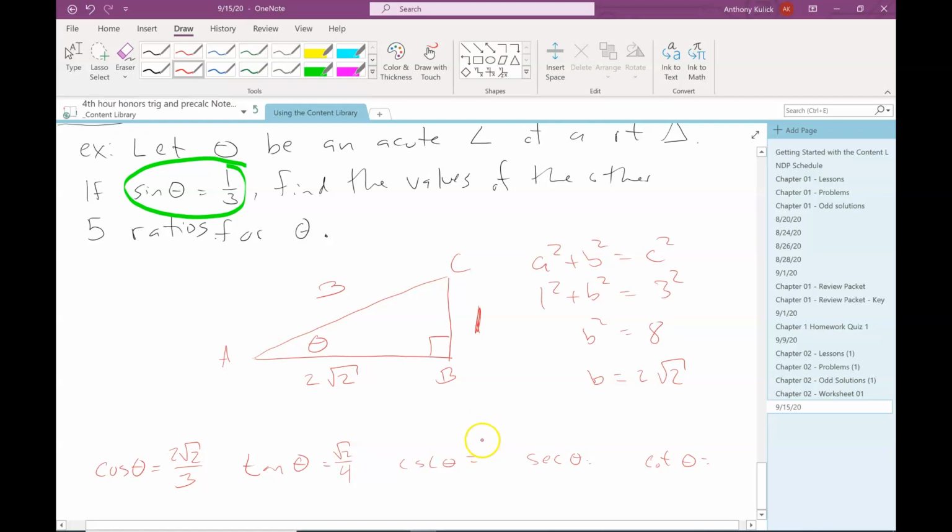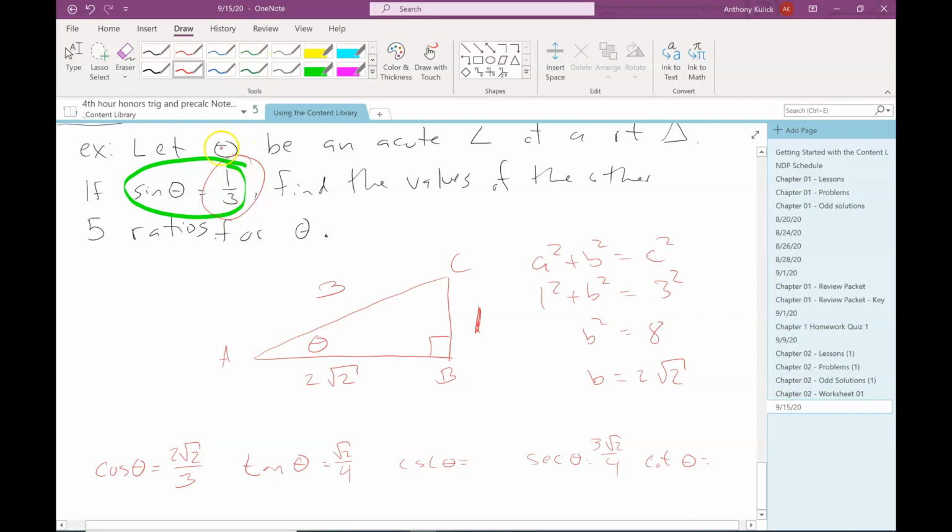Cosecant is the reciprocal, but again, don't like to leave the radical in our denominator. Oh my goodness. Secant, I said was the reciprocal. I just put it in the wrong spot. You ever make a mistake? That happened to me. What do I have here? 3√2. Okay.